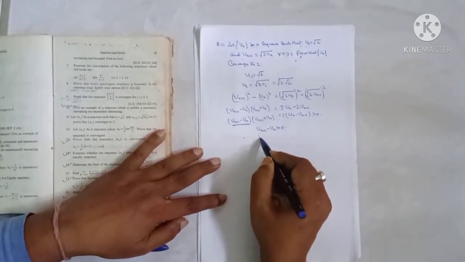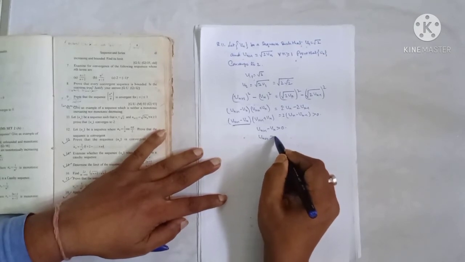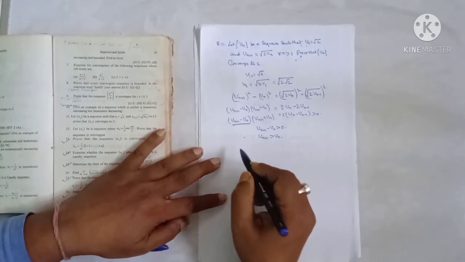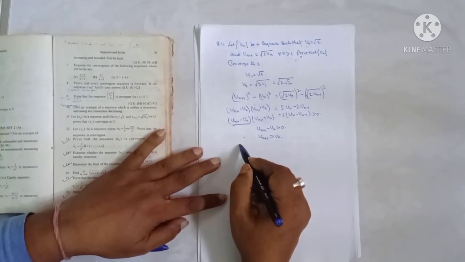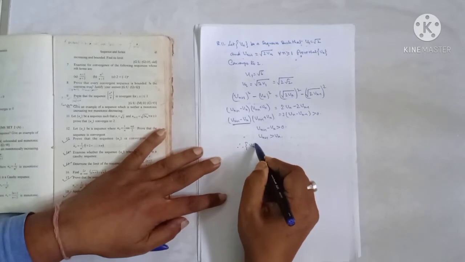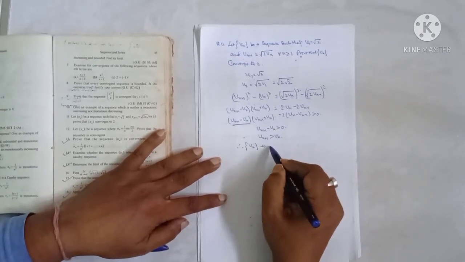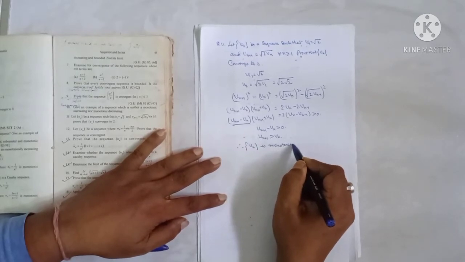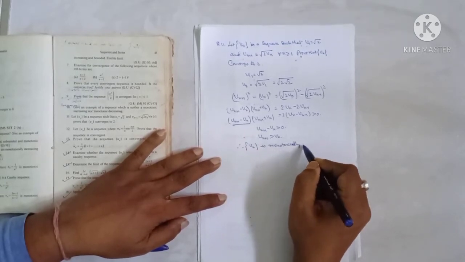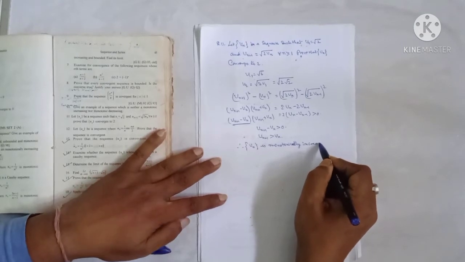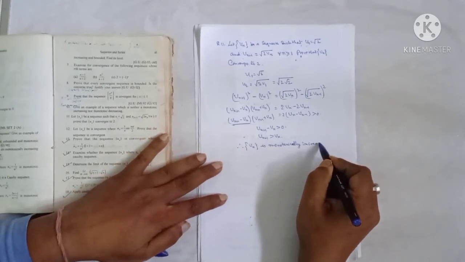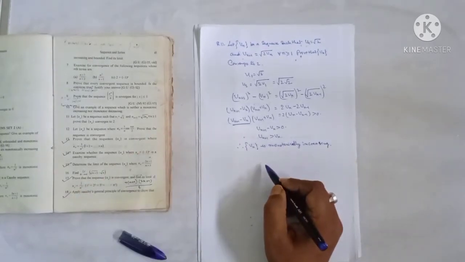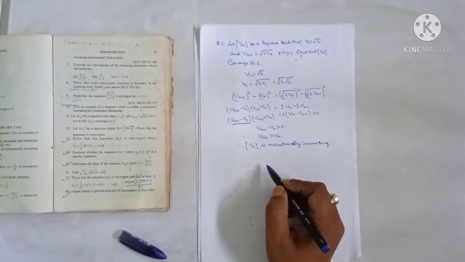So u(n+1) is greater than un, therefore un is monotonically increasing, monotonic increasing.